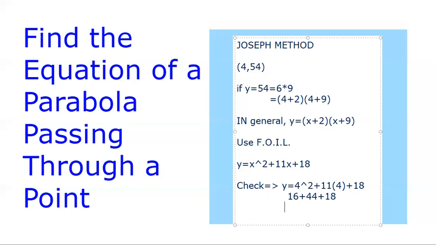Hold on. No, 60. That's not right. What did I do? 11 times 4 plus 18. 16 plus 44. It does not give us 54. It gives us something a lot more.